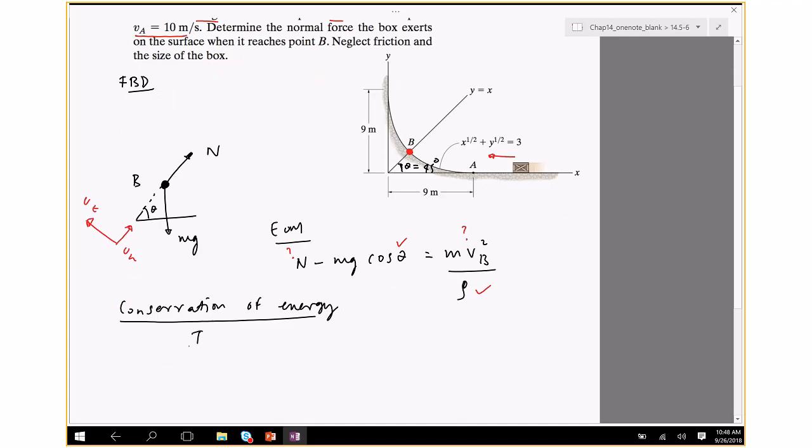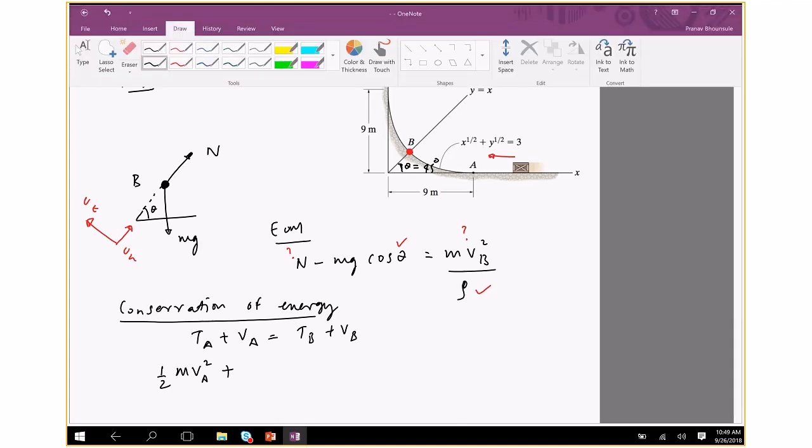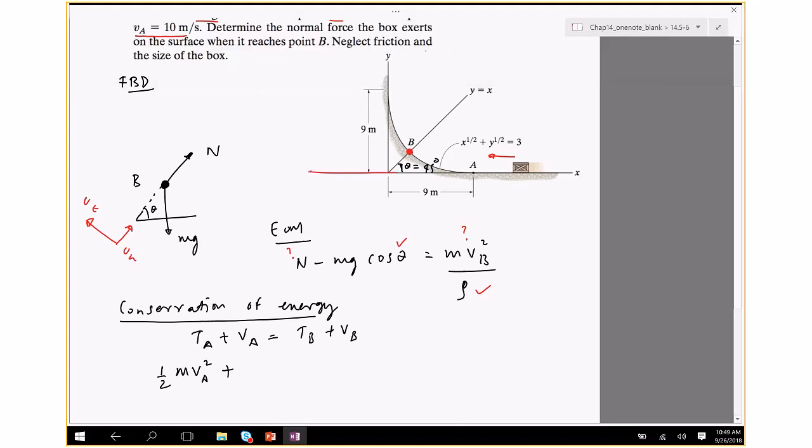So T, in this case, I'm going to use A and B because A is the initial point, B is the final point. TA plus VA equals TB plus VB. Initial kinetic energy is half m vA squared. vA is given. For the potential, there's only gravity, so I can choose the datum the way I want. Let me choose the datum to be right here. VA is going to be 0 because it's on the datum.